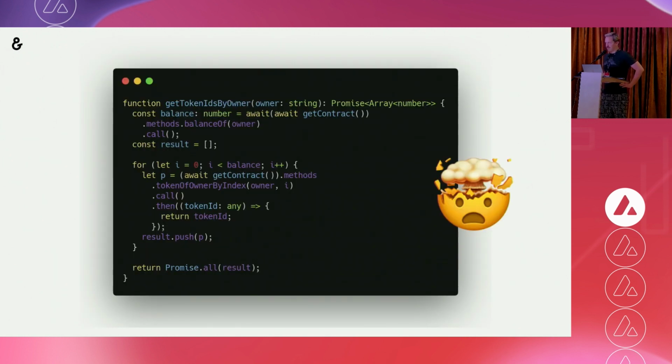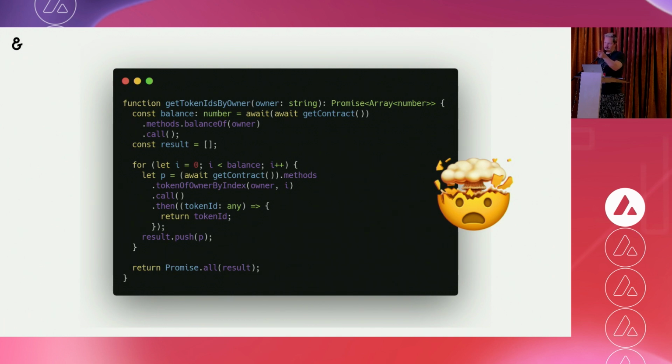And when we still use JSON RPC, we end up with code like this. Who knows about JavaScript? Who writes JavaScript? You don't need to love it, but a lot of people know it, right? So we end up with code like this for a simple thing: give me all the tokens from that owner. We need to query that contract, see how many tokens he has, and then loop through that, and we see that all these are awaits.